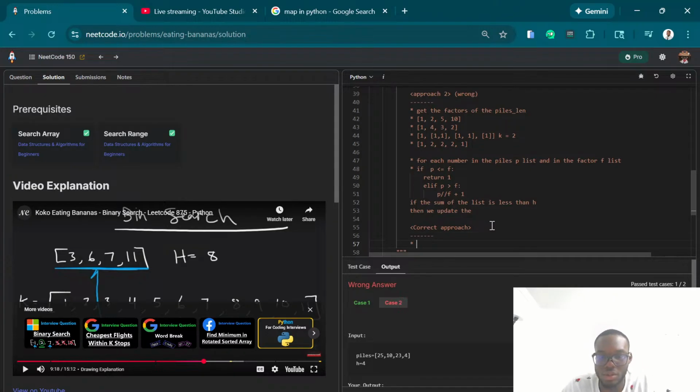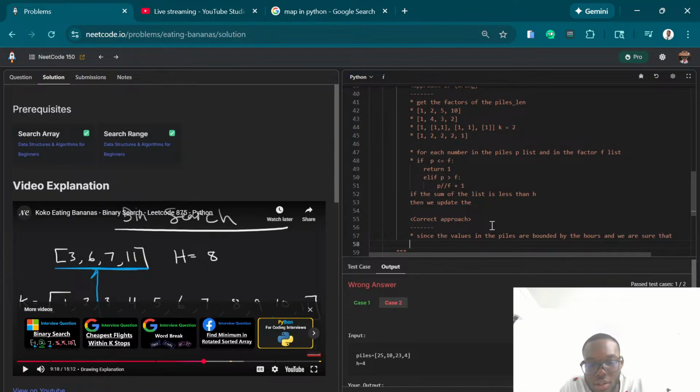You want to, since the values in the pile are bounded by the values, and we are sure that you can eat all of them.